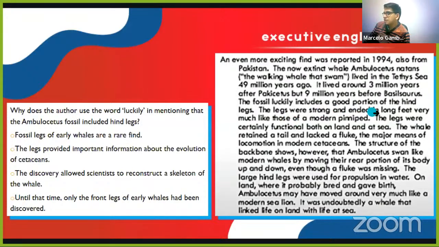The legs were strong and ended in long feet, very much like those of a modern pinniped. The legs were certainly functional both on land and at sea. The whale retained a tail and lacked a fluke, the major means of locomotion in modern cetaceans. Okay. So basically, you're saying that it luckily includes a good portion of the hind legs.